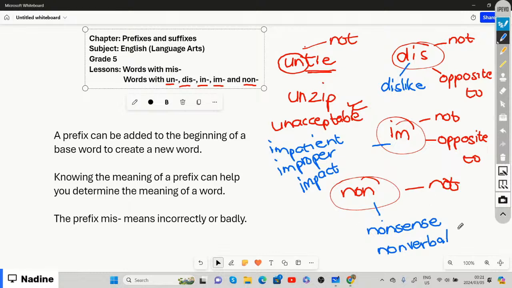So these are basically a few examples of our prefixes, which are un, dis, im, non. Yes, we can even say impossible, meaning that it is not possible for you to do something. It's like a negative way of saying, I don't think you can do it.